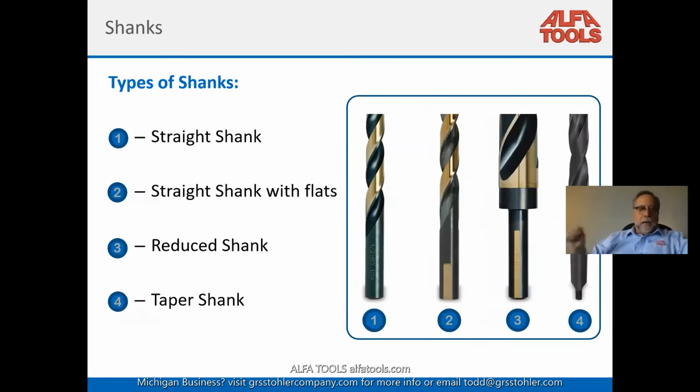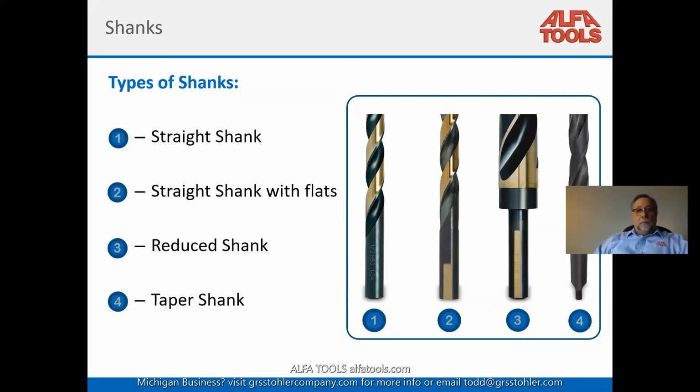Okay, what kind of shanks? Most of what we've talked about, all of what we've talked about so far is straight shank. Straight shank plain, straight shank with flats. We have reduced shank, which are used on the Silver and Deming drills. When we talk about a standard screw machine drill, jobber drill, these drills basically stop at 1/2 inch.